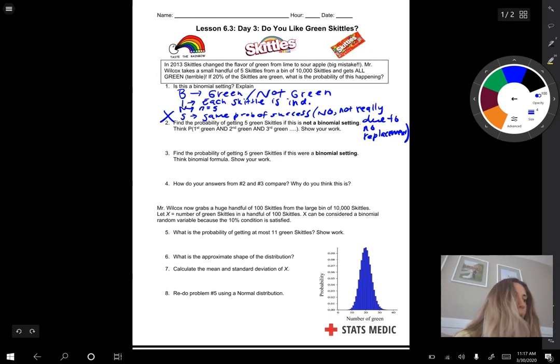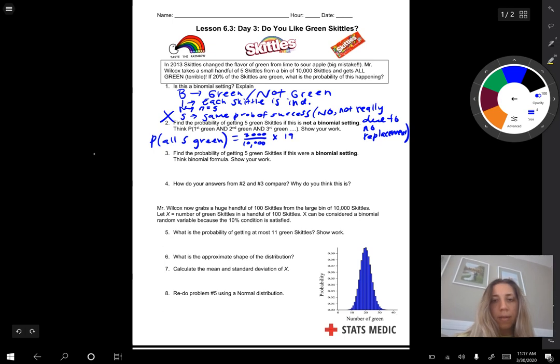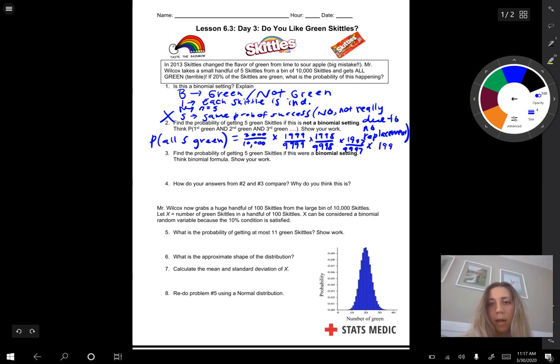So the probability of all 5 green would be 2,000 over 10,000 times 1,999 over 9,999 times 1,998 over 9,998 times 1,997 over 9,997 times 1,996 over 9,996, and that equals 0.00319.